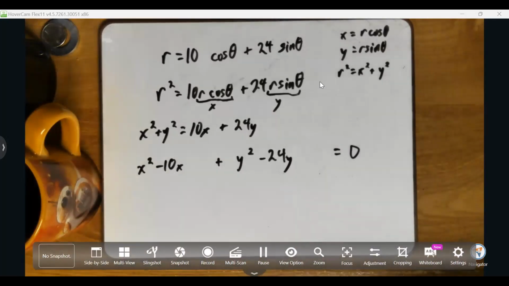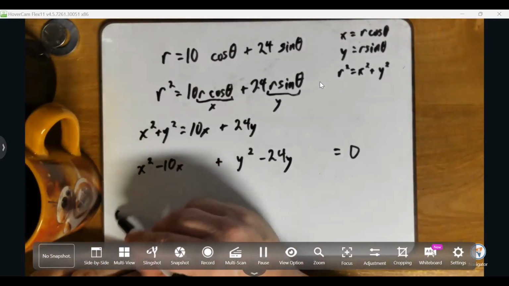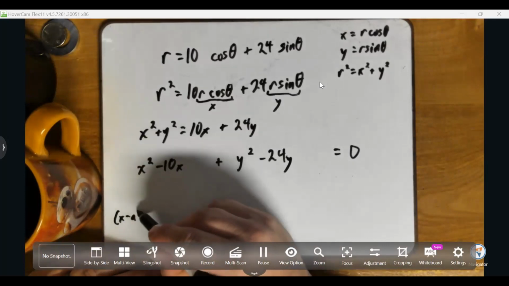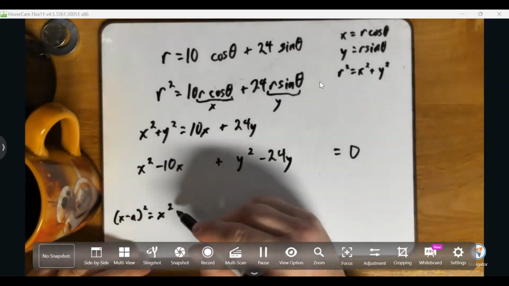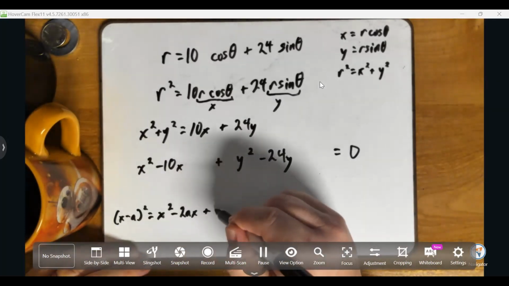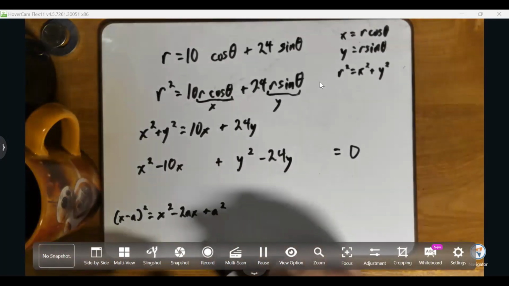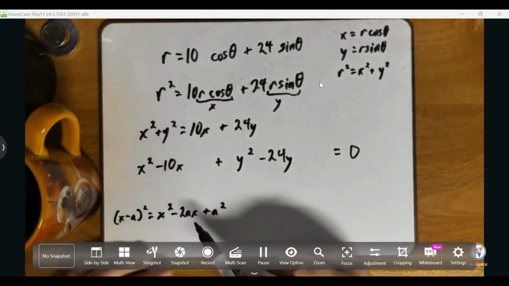So if we complete the square, we want to turn this into a perfect square. A perfect square, x minus a squared, say, is going to be x squared minus 2a times x plus a squared. So we want to figure out what that a squared is that we need to add.